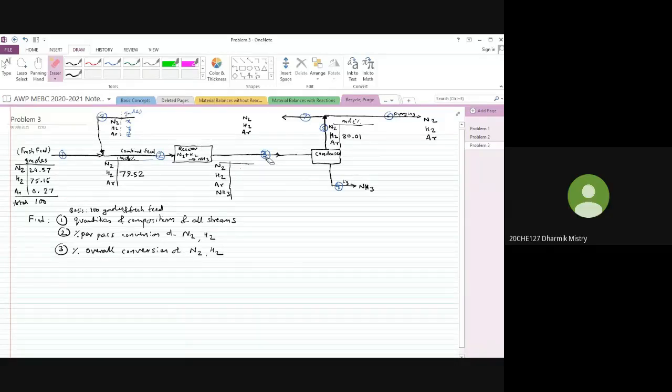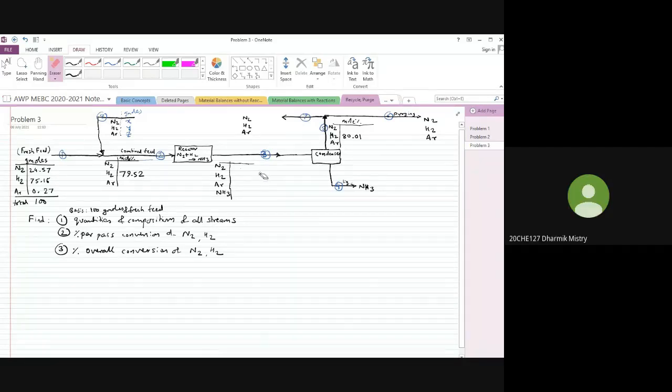Sir, only argon we know, sir. Percentage conversion we have to calculate. Yeah, but it's an unknown, right? So you can assume one more unknown, X, Y, Z, and P, or Q, if you want. Okay, sir. It is to be found, so I don't know that. So we can assume some variable.